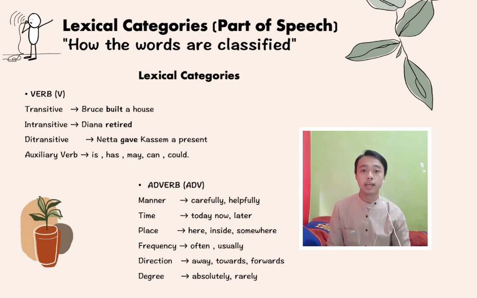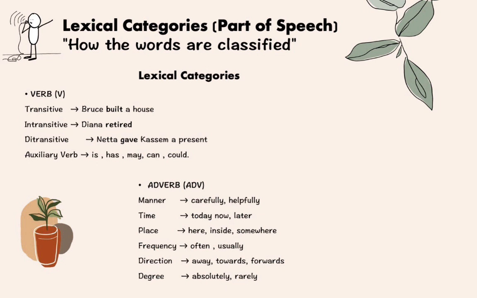For example, Neta gave Kasim a present. So gave is followed by Kasim and a present as the objects. And then the fourth subtype of verb is auxiliary verb, for example is, has, may, can, and could.